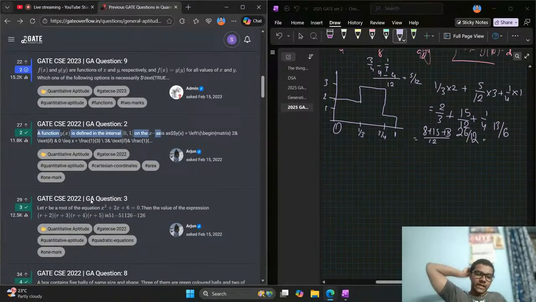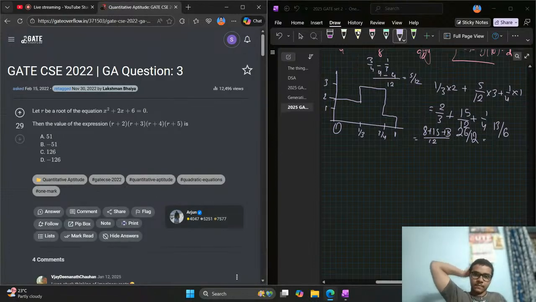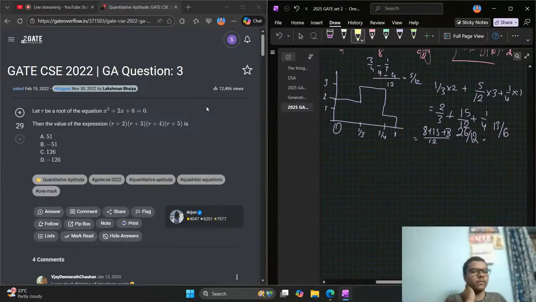I got a hint called Cartesian products. Let R be a root of the equation, and the value of the expression is. Does it have equal roots or something? Sum is 2, product is 6.